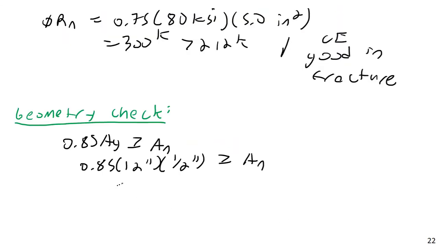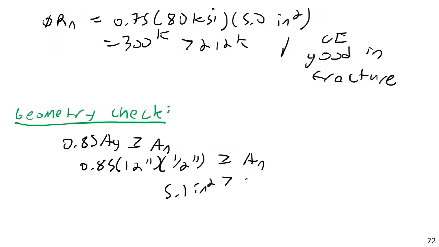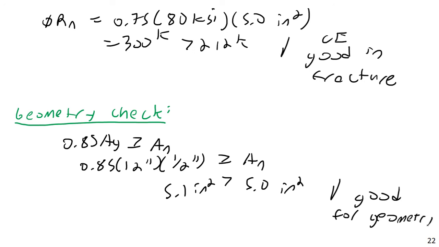So 0.85 times 12 inches times 1/2 inch comes to 5.1 inches squared, which is greater than our net area of 5.0 inches squared, and we are good there. So good for a geometry check. Again, we just want to check for our connecting elements that 85% of our gross area is greater than our net area.